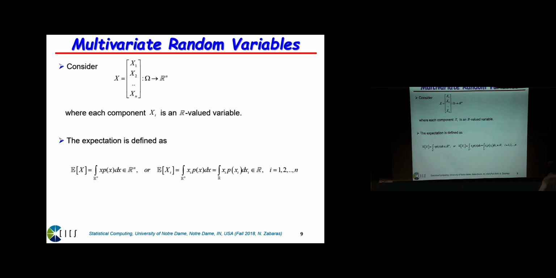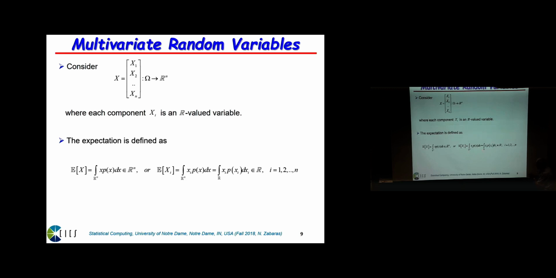You can define marginal expectations. So if you only want the expectation of one of the components of the vector, you just plug in that component and p of x. Can you realize from this calculation that when you write an expectation of only one component, you can get rid of all the other components and put only the marginal there?